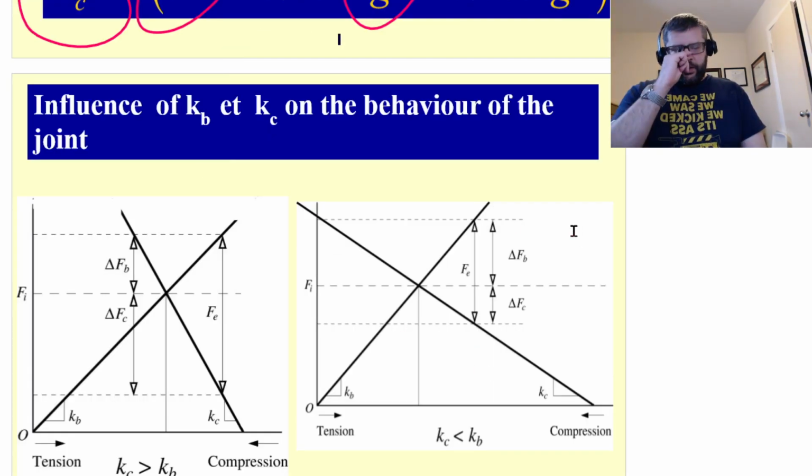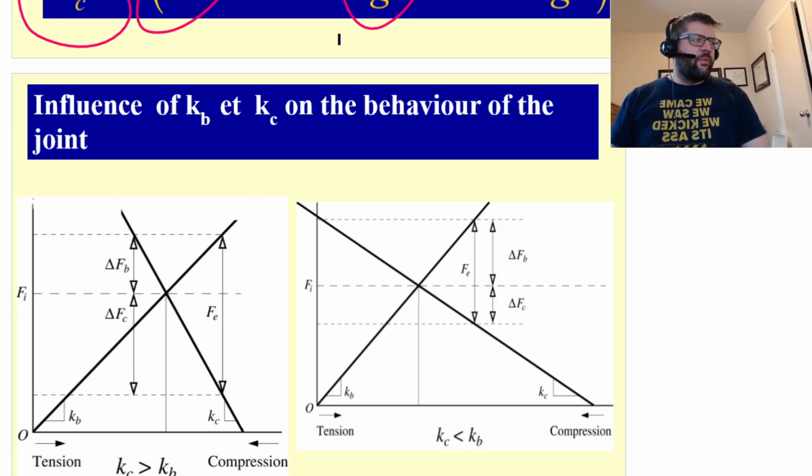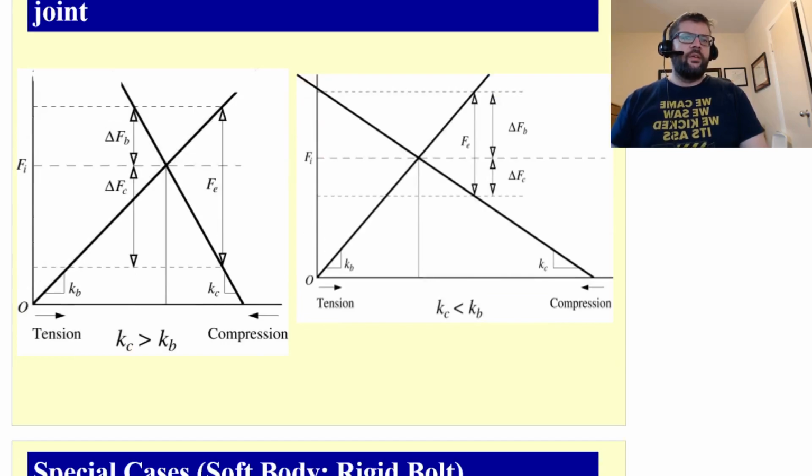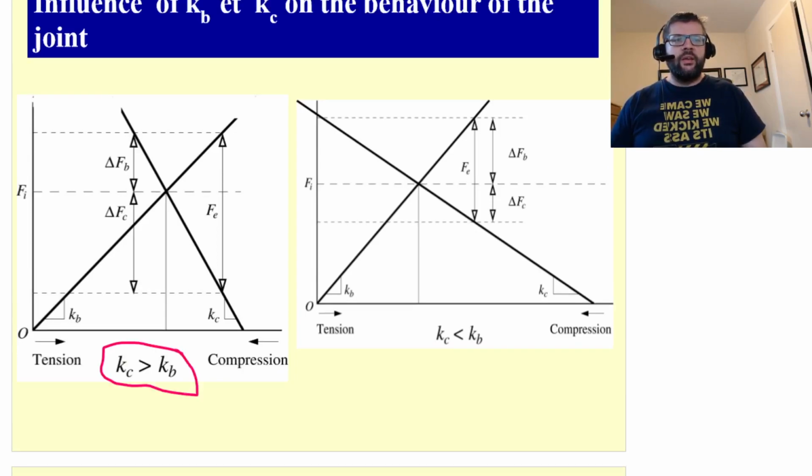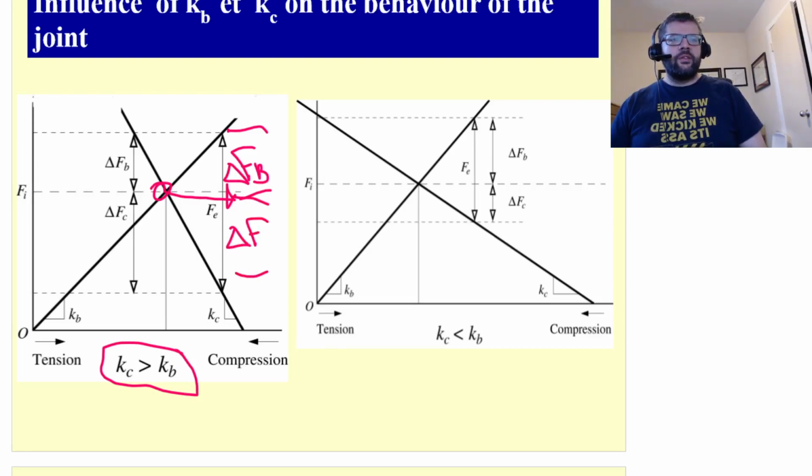So essentially, if we have a Kc that's larger than our Kb, then we're going to tighten it up to a certain amount, and when we increase the load, the additional force in the bolt is going to be less than the amount of change in the compression.